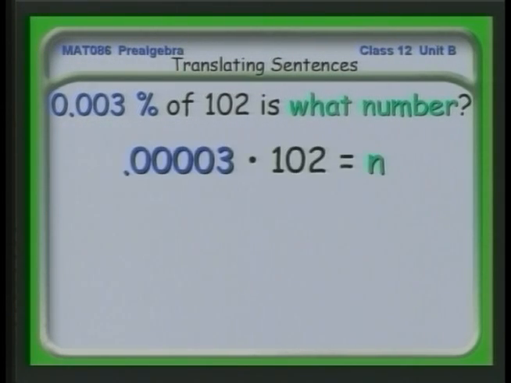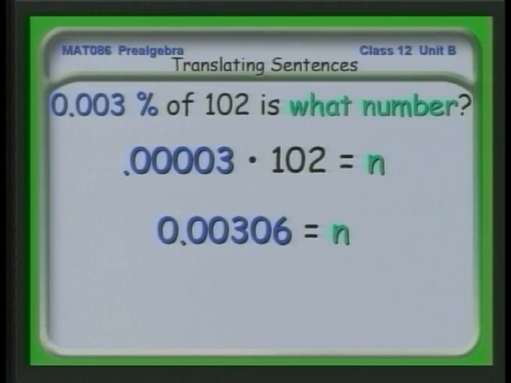When we actually do the math, we find that n is a very small quantity, as we'd expect it to be. N is 0.00306, a very small part of the whole number, which is 102.